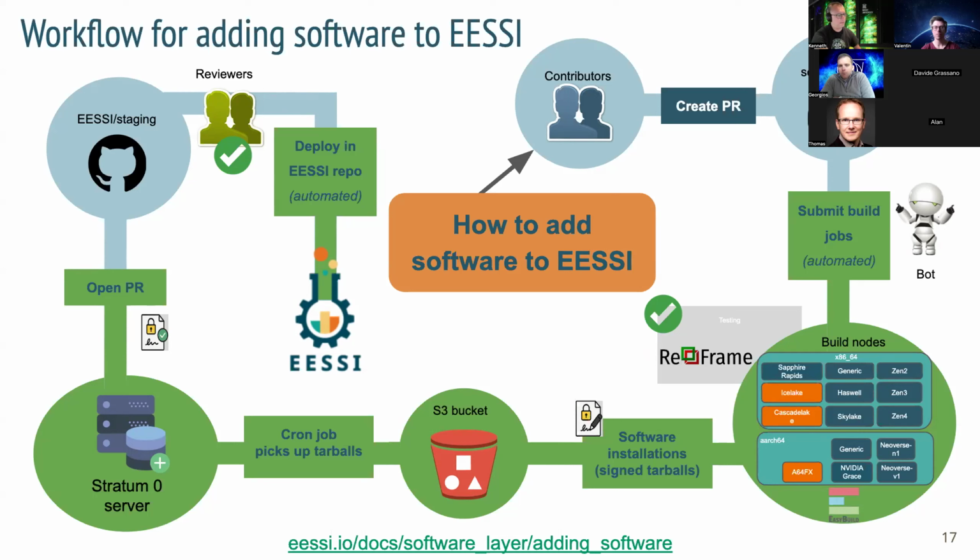We also sign our tarballs before we actually ingest them in the EESSI CernVM-FS repository, so we make sure there's no shenanigans going on along the way. And this also enables you to add your own software, or at least propose specific software to be added into EESSI without you giving us some binaries that come from God knows where. So we build everything from source, and that way we have full control over what goes into EESSI.